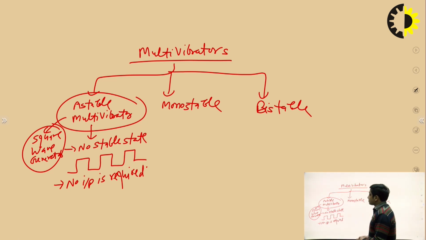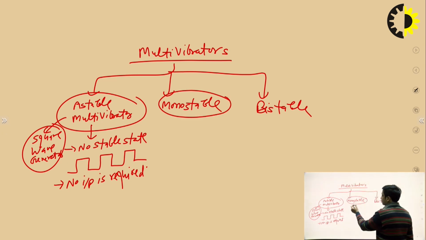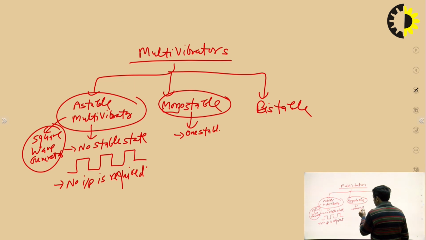As far as the monostable multivibrator is concerned, as the name suggests, mono means one. So the monostable multivibrator is the multivibrator which has one stable state, and the other state is quasi-stable, kind of unstable. But in monostable, only one state is stable.